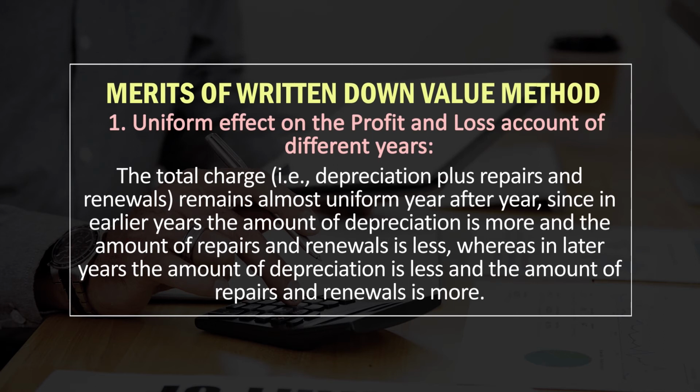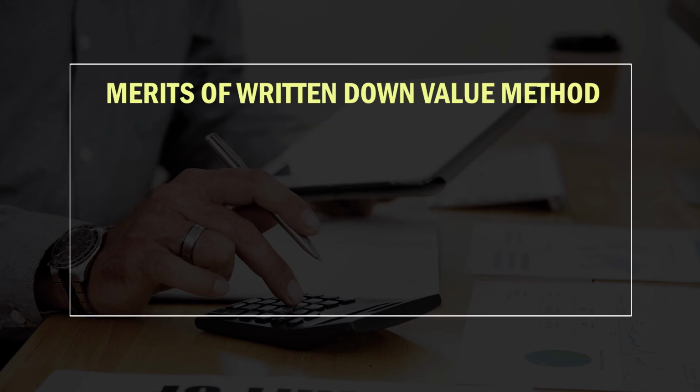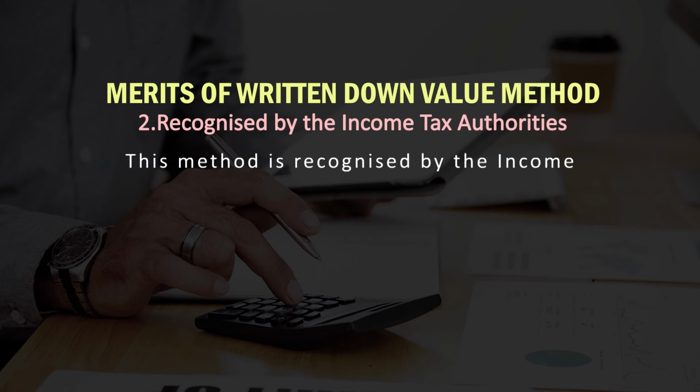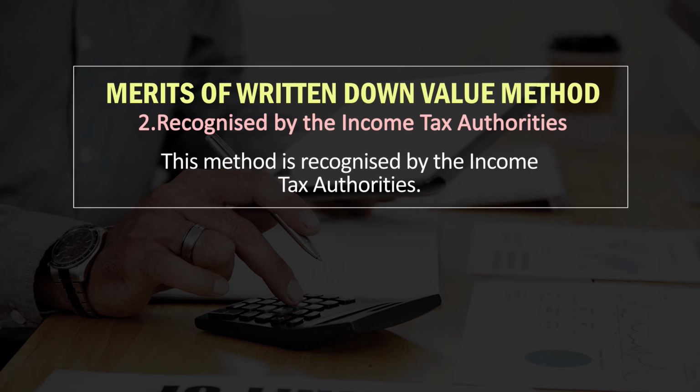So, this gives a better picture of the profit and loss account for the different years. Second, it is recognized by income tax authorities. This method is recognized by the income tax and other related authorities.